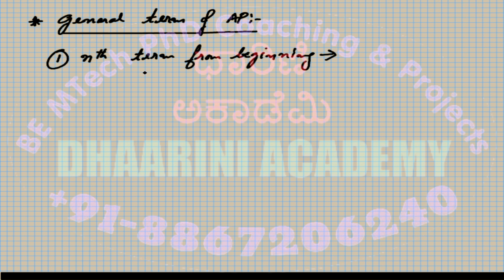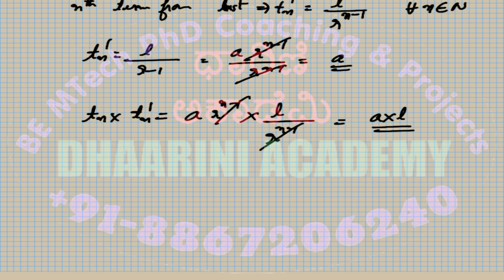Let us move further. All right, this is a note for us. If let us say we know only A and L of a GP, how do we find out R?